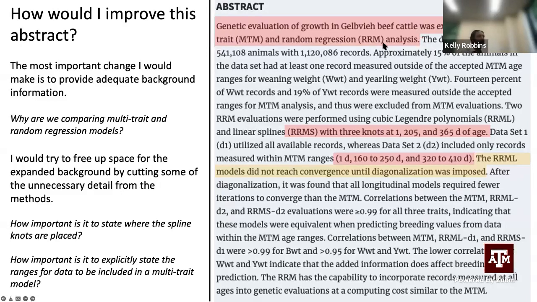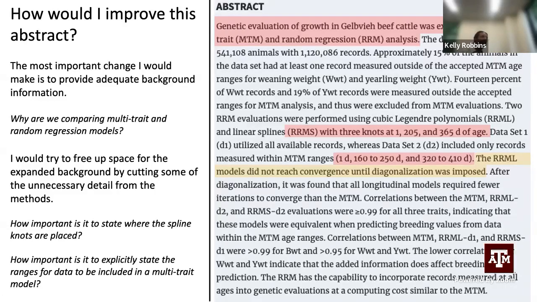Of course, if I add a second sentence to this background to cover the why, not just the what, then I'm going to have to start cutting from other parts of the abstract, right? Because that's going to put me over my word limit now. So the second thing I would do is I would start to look through, in particular, this method section here, and try and figure out what really needs to be here, right?